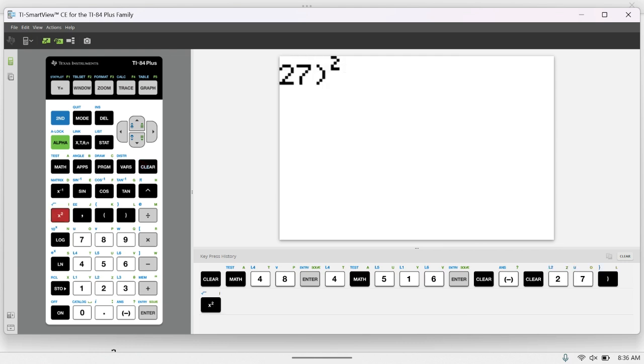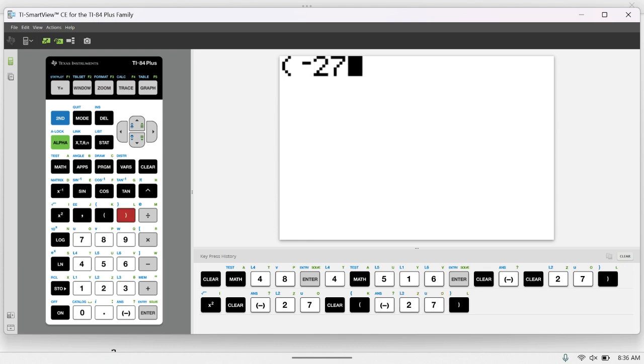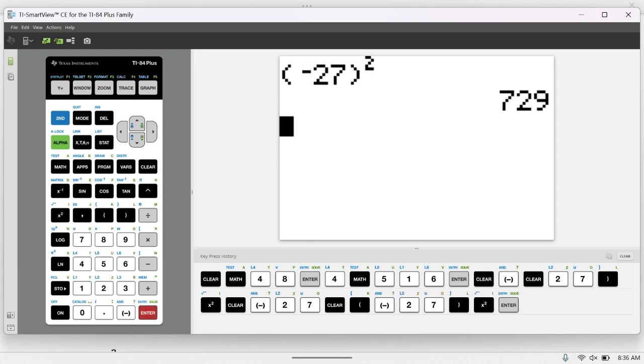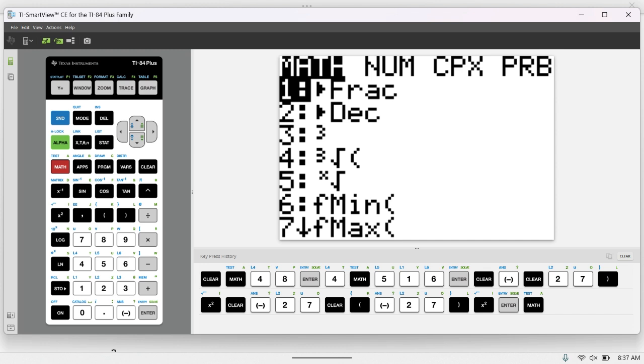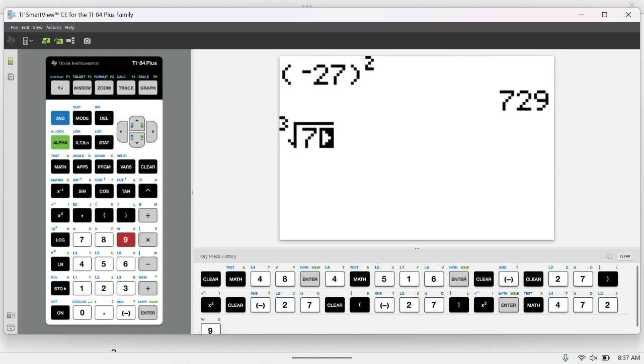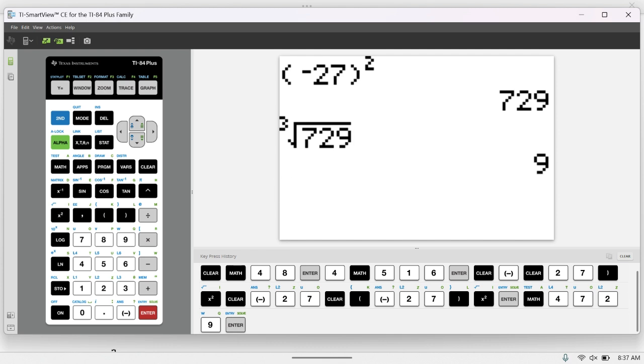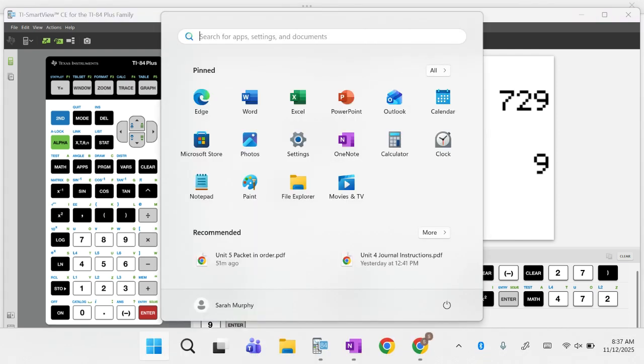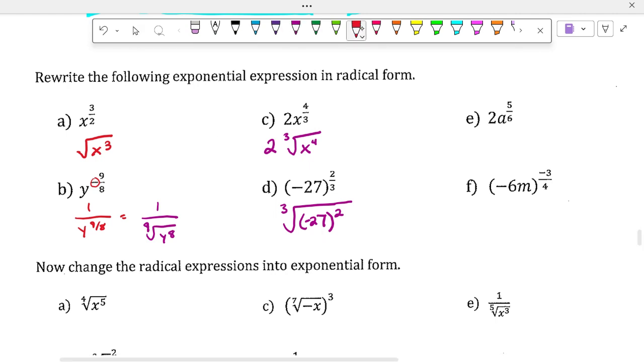And I square it. That'll give me 729. Let's see if that's actually a perfect cube. It is. It's 9. So if I evaluated it, this would be the cube root of 729, which is just 9.